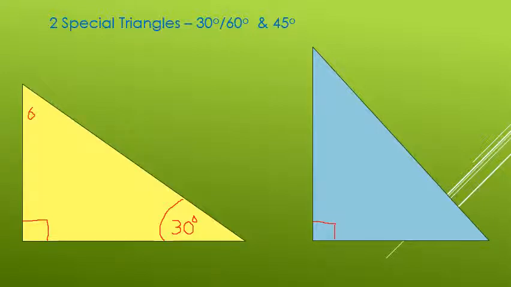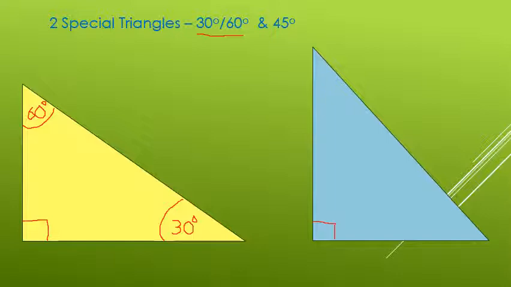This would be the 60-degree angle up here. So when we talk about the 30-degree right angle triangle, we're also talking about the 60-degree right angle triangle.